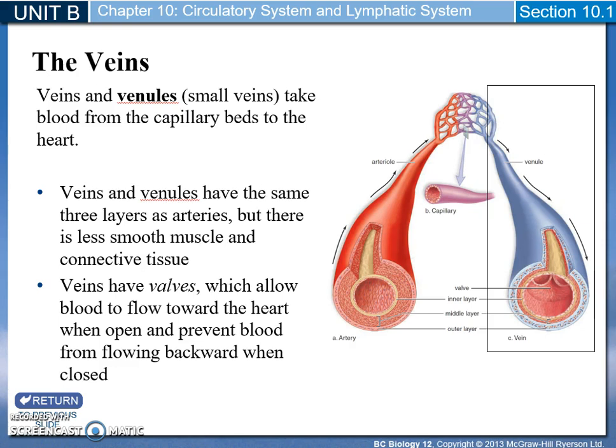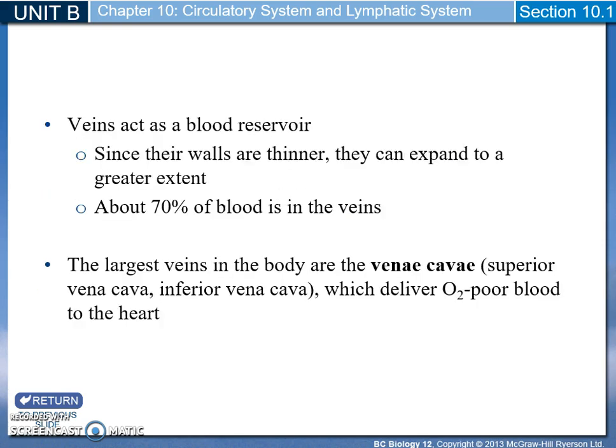Veins also have valves which allow blood to flow in one direction only, back to the heart. The valves prevent blood from flowing backwards when they're closed. Veins act as a blood reservoir, and since their walls are thinner, they can expand to a greater extent.